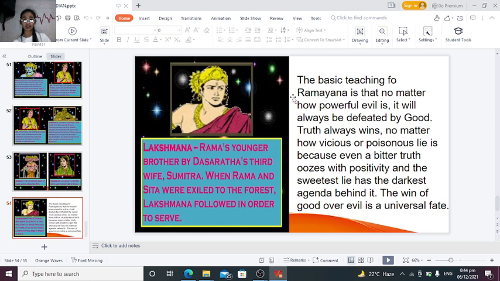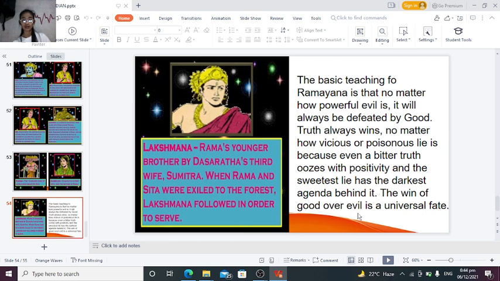So in the story, the basic teaching for Ramayana is that no matter how powerful evil is, it will always be defeated by good. Truth always wins, no matter how vicious or poisonous a lie is, because even a bitter truth oozes with positivity, and the sweetest lie has the darkest agenda behind it.